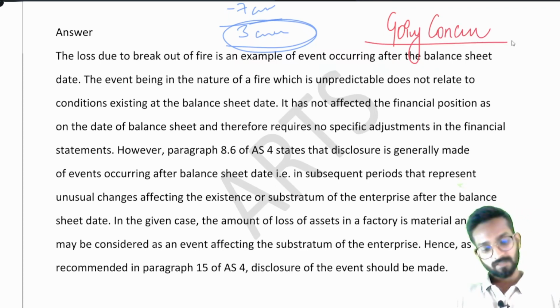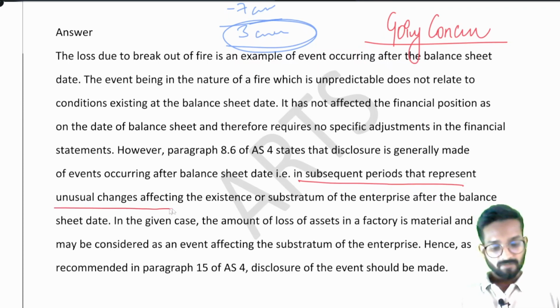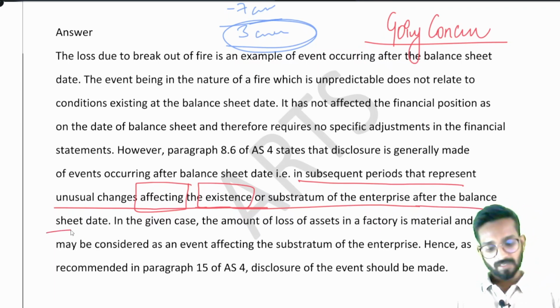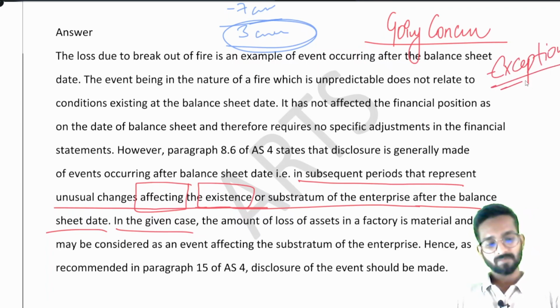Read the line again: in the subsequent period that represent unusual changes which affect the existence of the enterprise. It means it affects the going concern of the enterprise. Meaning whether the enterprise will even survive or not, such a big loss has happened, it can affect the existence itself after the balance sheet date. In the given case, we are talking about the exception, okay? We have already read about the exception.